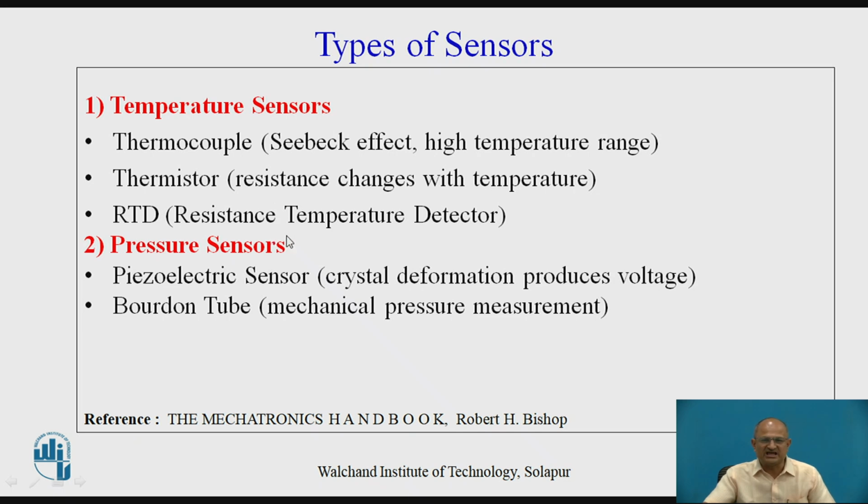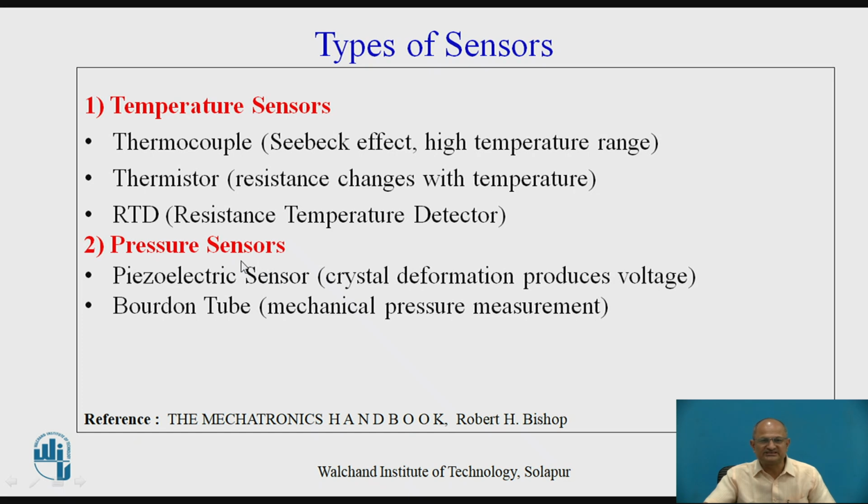Pressure sensors, I am talking about types of sensors. The sensors could be pressure sensors. That means we can employ these sensors for sensing a change in pressure, and whenever there is a change in pressure, the sensor will generate an electrical signal.